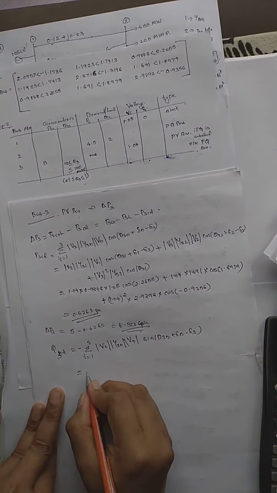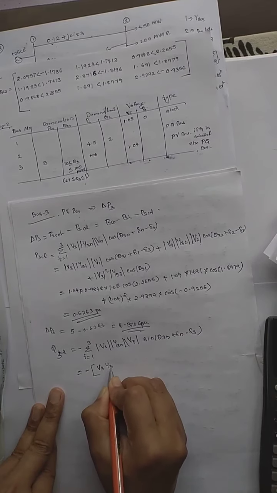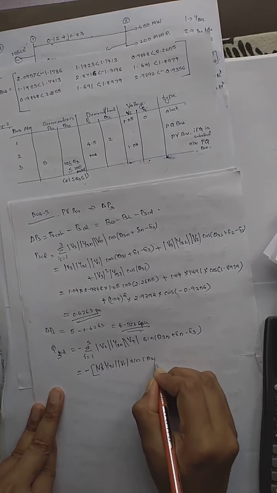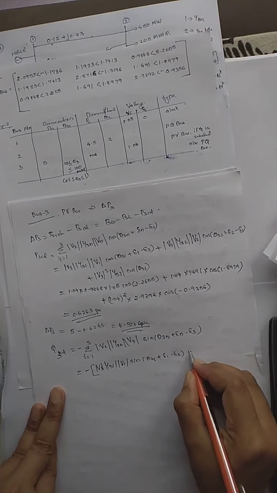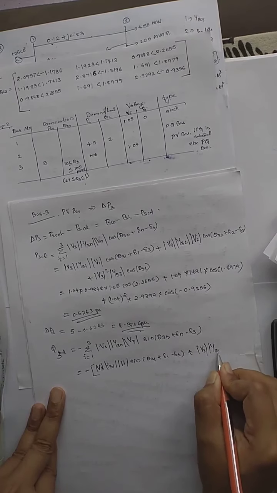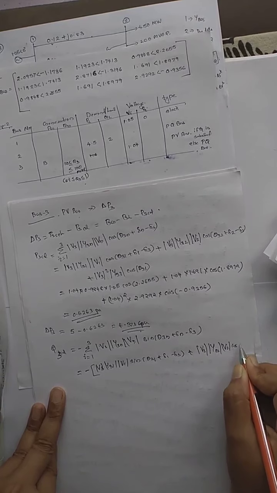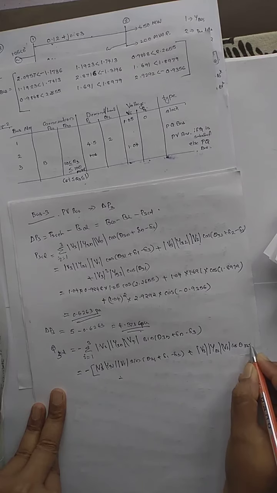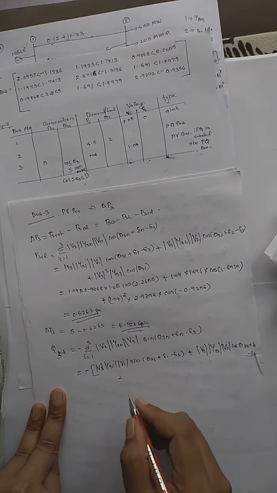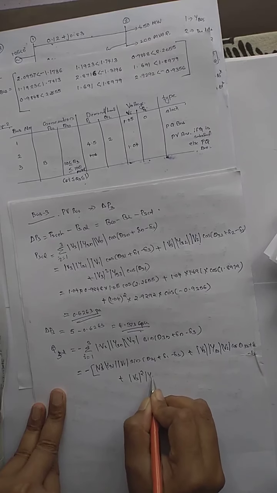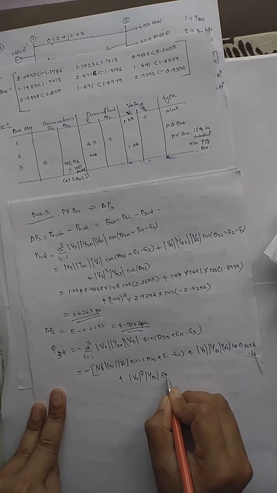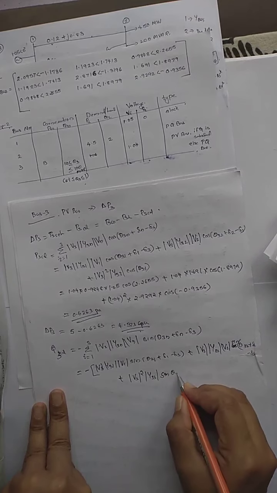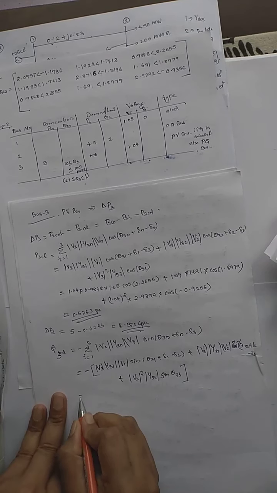So that is equal to minus of V3 Y31 V1 sine of theta 31 plus delta 1 minus delta 3, plus V3 Y32 V2 sine of theta 32 plus delta 2 minus delta 3, plus V3 square Y33 into sine of theta 33.